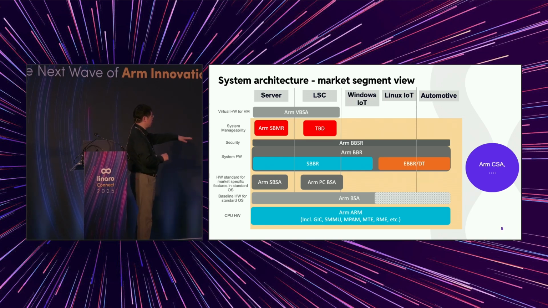So basically the CPU side of the architecture applies everywhere. This is the Arm ecosystem. And then depending on how you build the system and which market you go through, you need to have some foundation of hardware, and that's what the BSA is about.